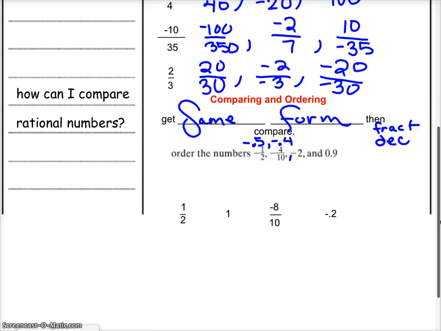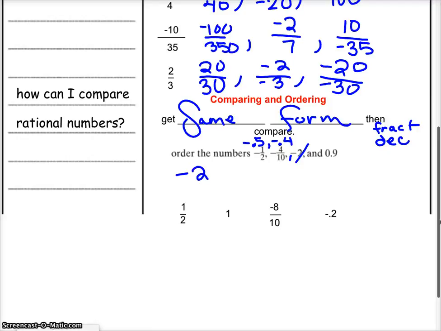So also remember, the bigger the negative, the smaller it is. So which one is the biggest negative? Negative 2. Negative 2 is the smallest number, right? Because it's the largest negative. So negative 2 would be first.